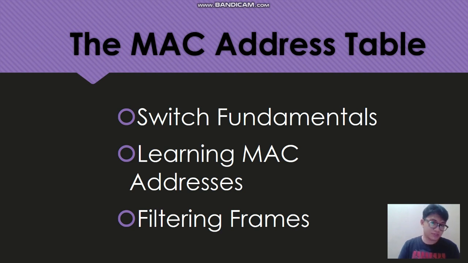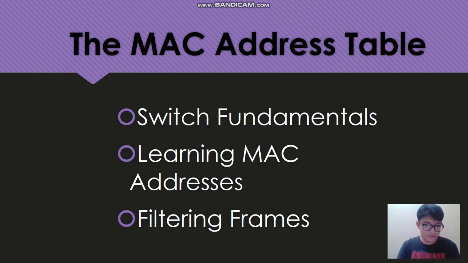So the next one is learning MAC addresses. The switch dynamically builds the MAC address table by examining the source MAC address of the frames received on a port. The switch forwards frames by searching for a match between the destination MAC address in the frame and an entry in the MAC address table. Next one is filtering frames.